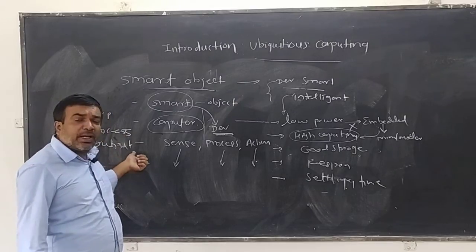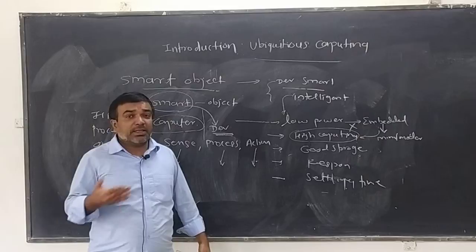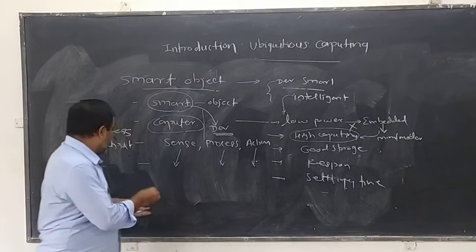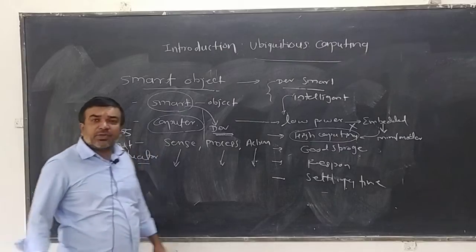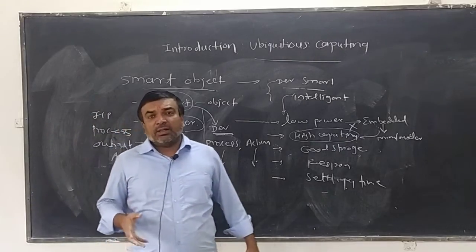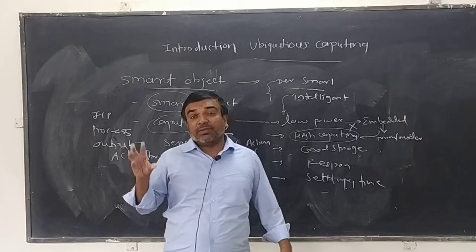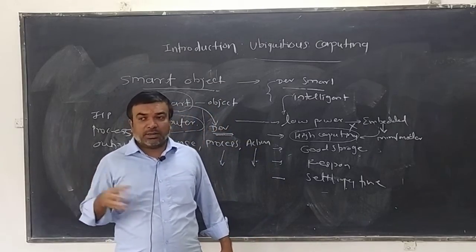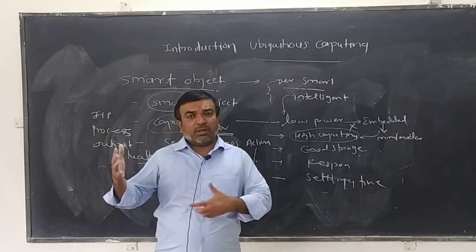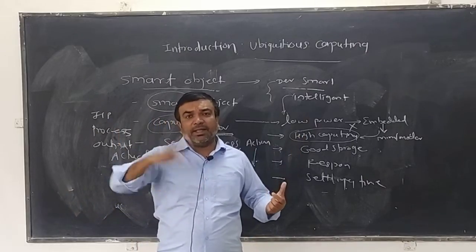What about output? The output is normally digital, and it is provided to the actuator. What do you mean by actuator? An actuator can be a relay, a switch, a buzzer, something connected with a speaker, or a flap here and there.